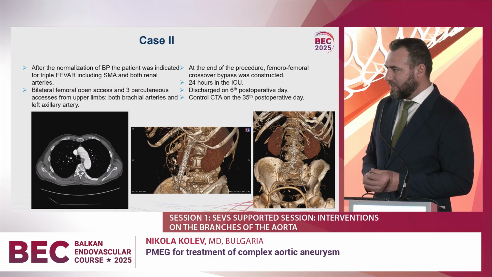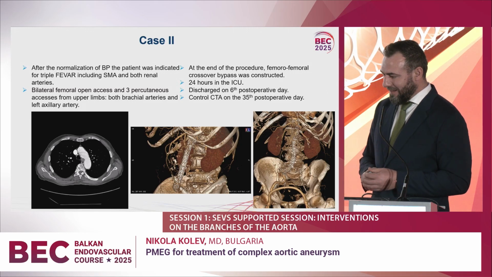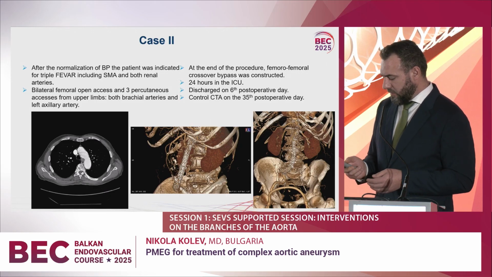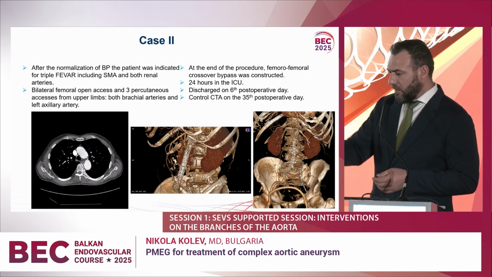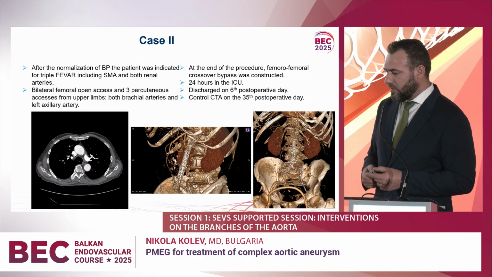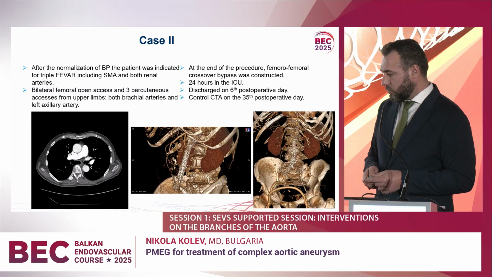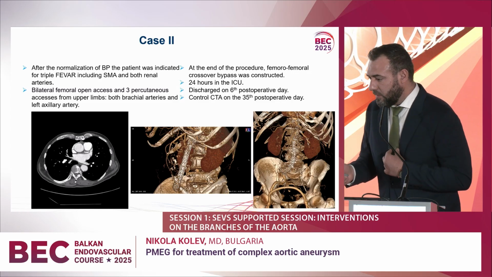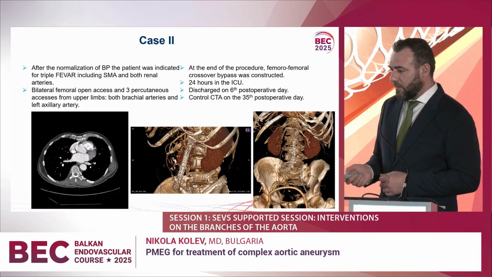In emergency cases when we don't have uniiliac that matches with the patient, we are deploying the bifurcated, and we are just ligating the contralateral branch. And on the control CT, everything is patent, and we did a femoro-femoral crossover just to have a good blood supply for the left lower limb.